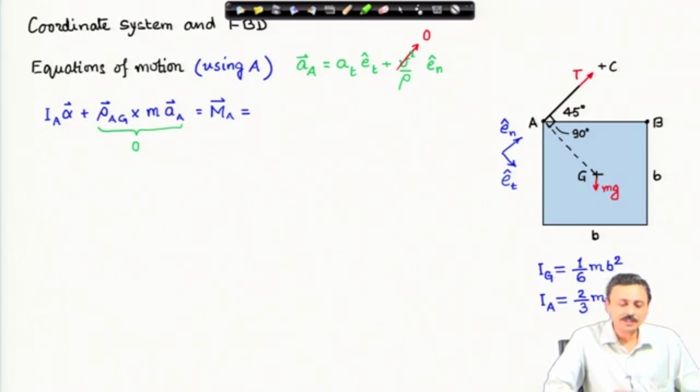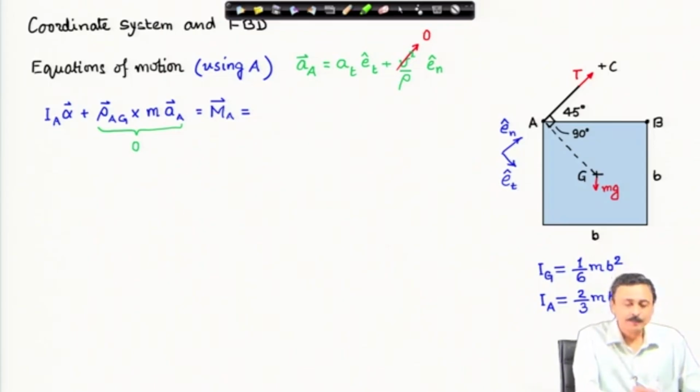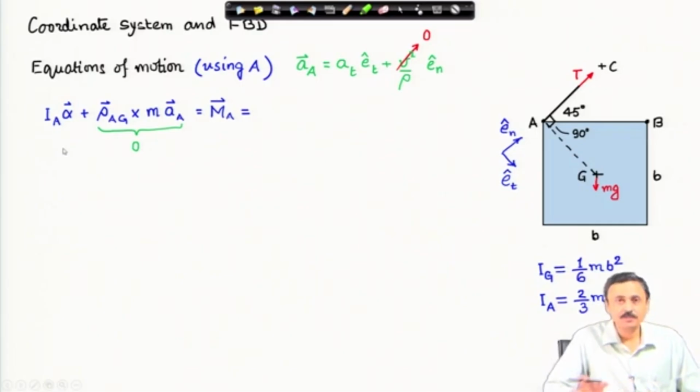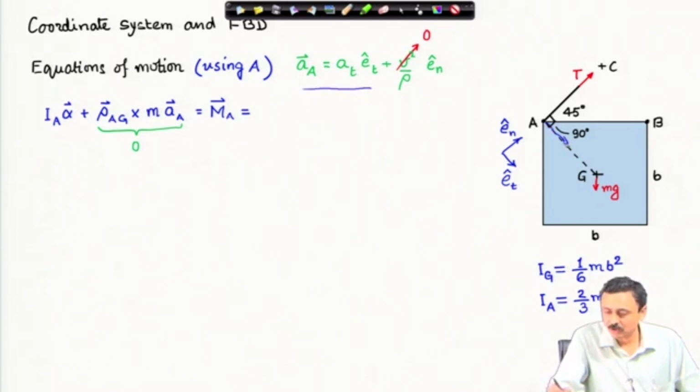Now, if I write the rotational dynamics equation about point A, then because of this angle there is a simplification, and that is what I want to indicate. Moment of inertia of the plate about A times angular acceleration plus rho AG cross mass of the plate times acceleration of A is equal to the net moment of all forces about A. Here, the acceleration of point A is in the tangential direction, and tangential direction is exactly along AG, which means A has an acceleration towards the center of mass.